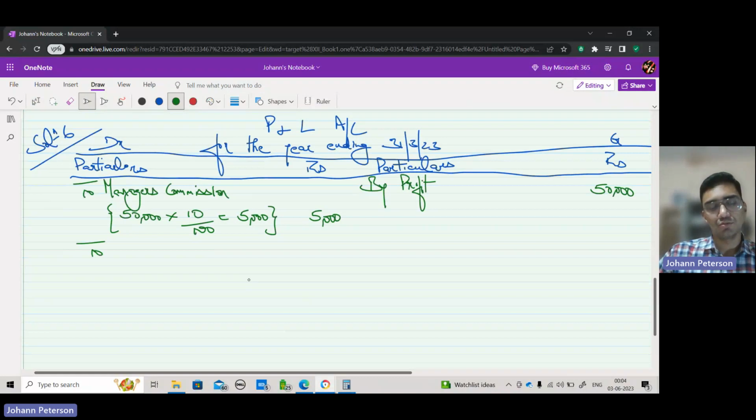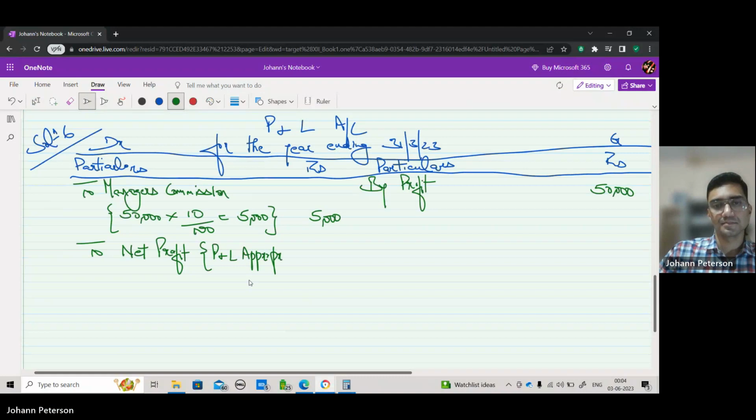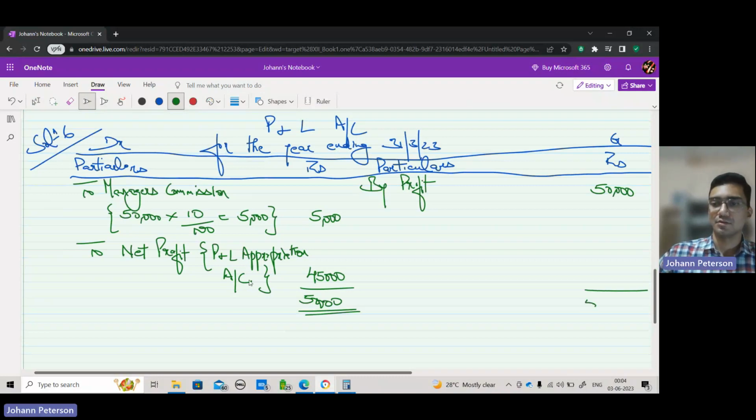So here I'm going to write to net profit, which will be transferred to my P&L appropriation account. How much is that? 50 minus 5 makes it 45. Here 50, and here also 50.